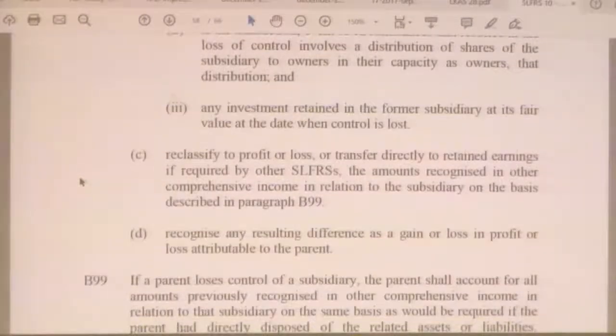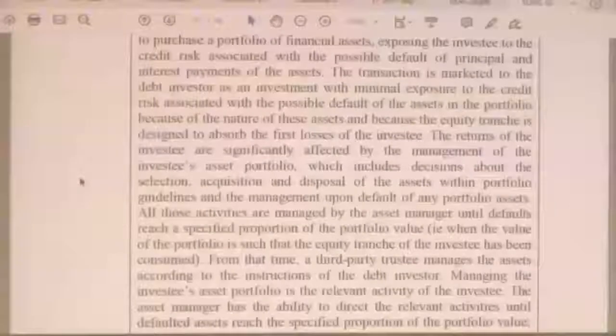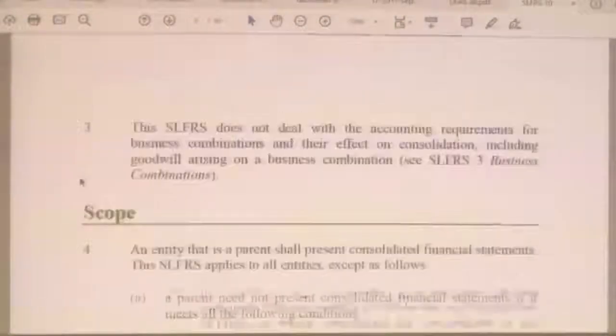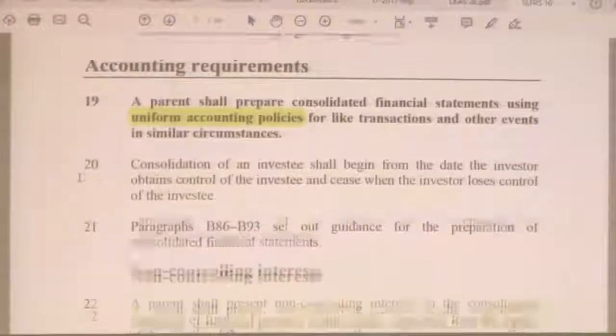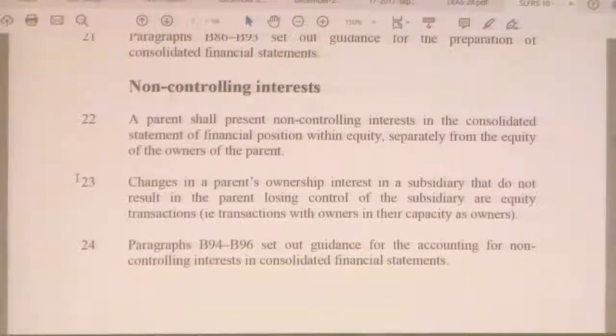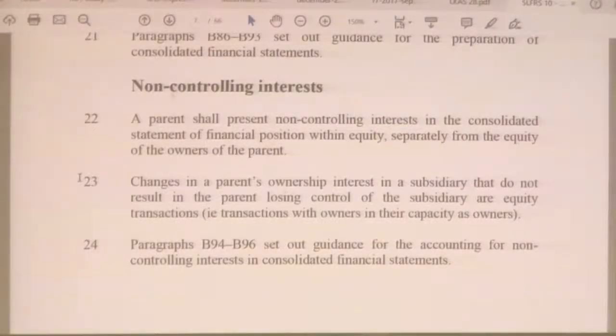Thereafter, the last one, minority interest. You have to go to paragraph 22. A parent shall present non-controlling interests in the consolidated financial statements within equity, separately from the equity of the owners of the parent.